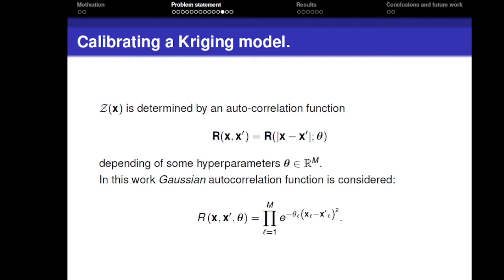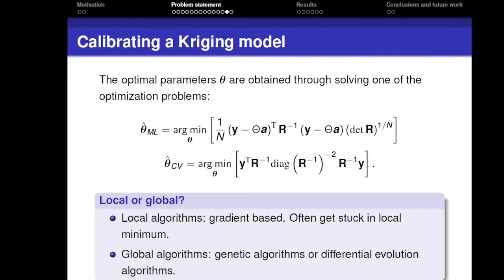To calibrate a Kriging model, we have to select an autocorrelation function which depends on the nature of the zero-mean process. That function will depend on some hyperparameters theta, and the main challenge is to find the optimal theta. The optimal theta are obtained by solving one of the optimization problems, this one or this one. This one is from a maximum likelihood scheme, and this one is from a cross-validation scheme.